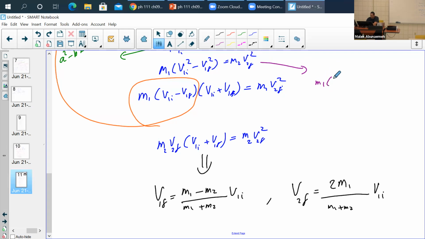Your M1 times V1 initial minus V1 final is going to equal V2 final.